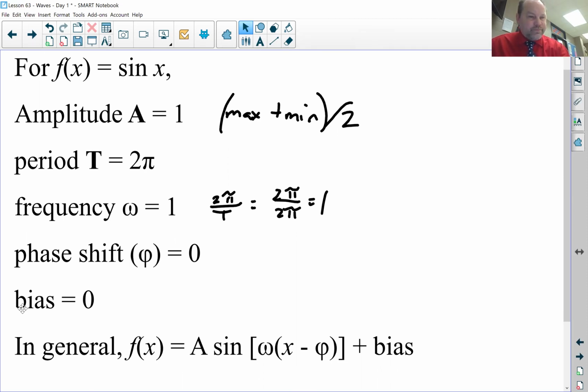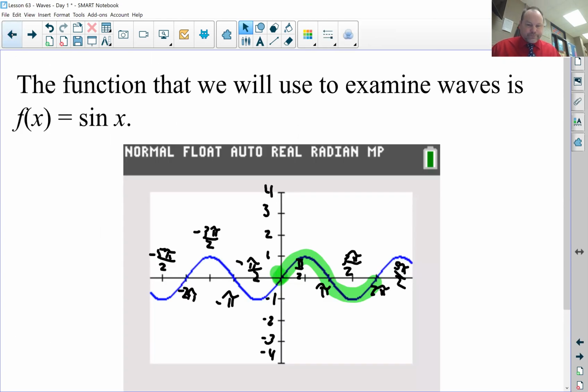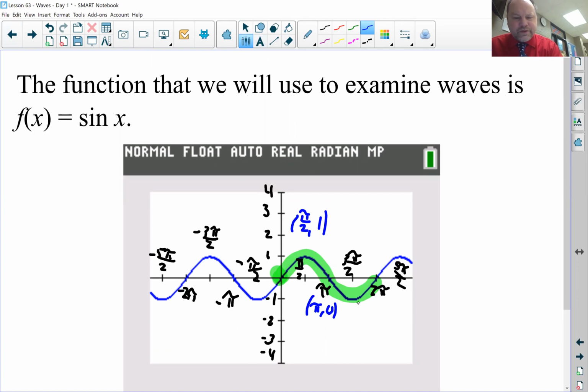A couple of bits of hopefully review, maybe not. So for sine, at pi over 2, you get a value of 1. At pi, you get a value of 0.